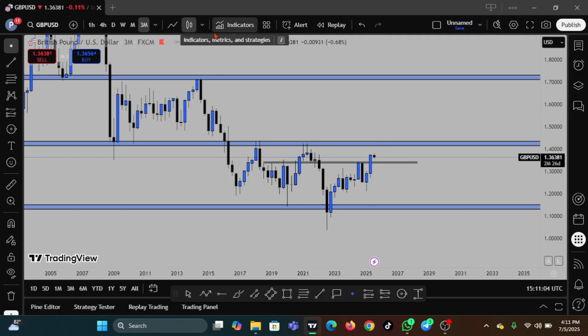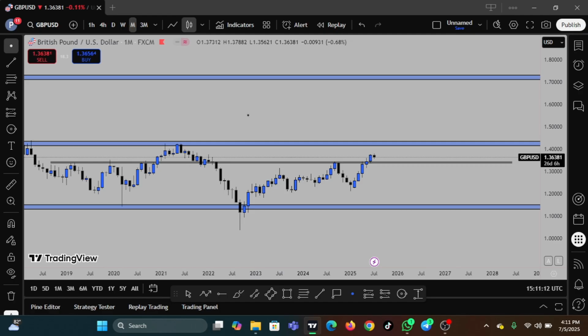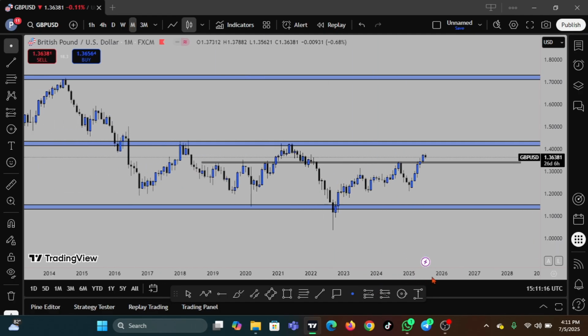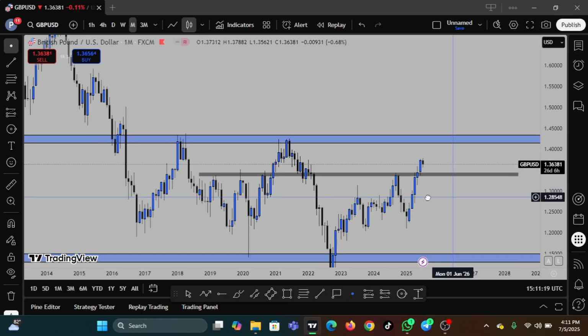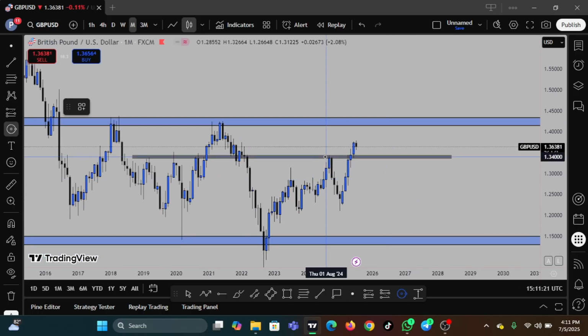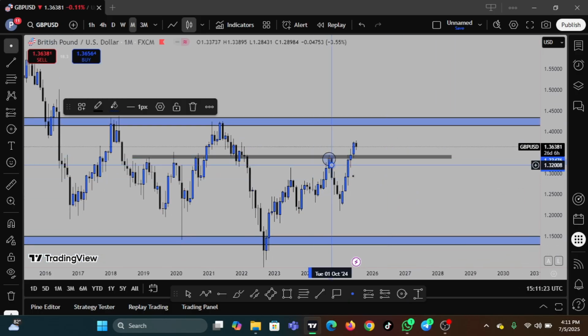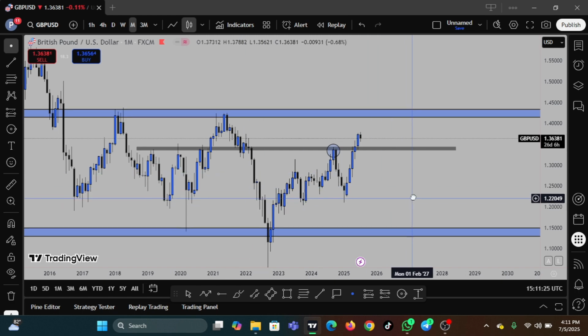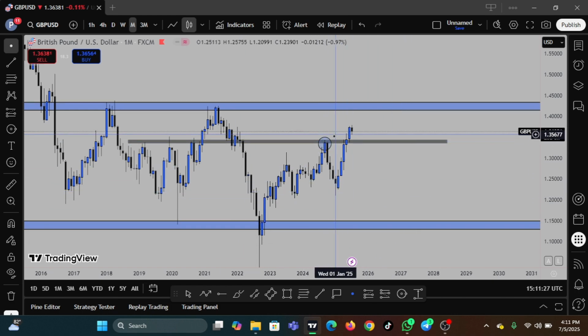So we need to narrow it down to various time frames to look at structure before we jump on a trade. On my monthly chart, we have a monthly high that has been cleared, which is these points. If you look at market structure, this is a break of structure to the upside.